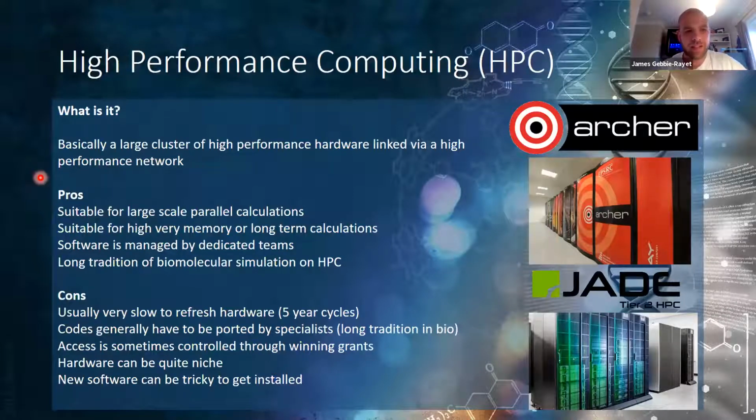So what actually is HPC? It's basically just a cluster of really high performance hardware linked by a high performance network. And that's the really important bit. If you're doing calculations that are parallelized across many computers, and you want to communicate information between all these computers that are sharing the work, then the network speed is absolutely critical in achieving any form of performance in this paradigm.